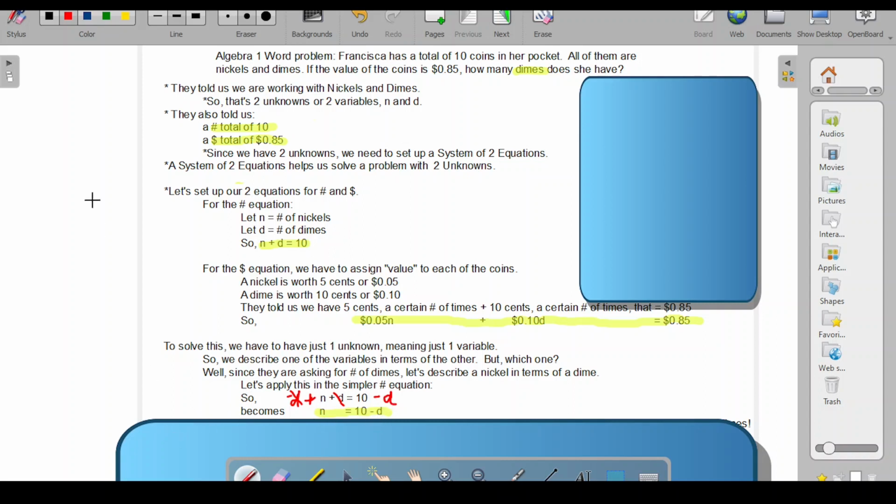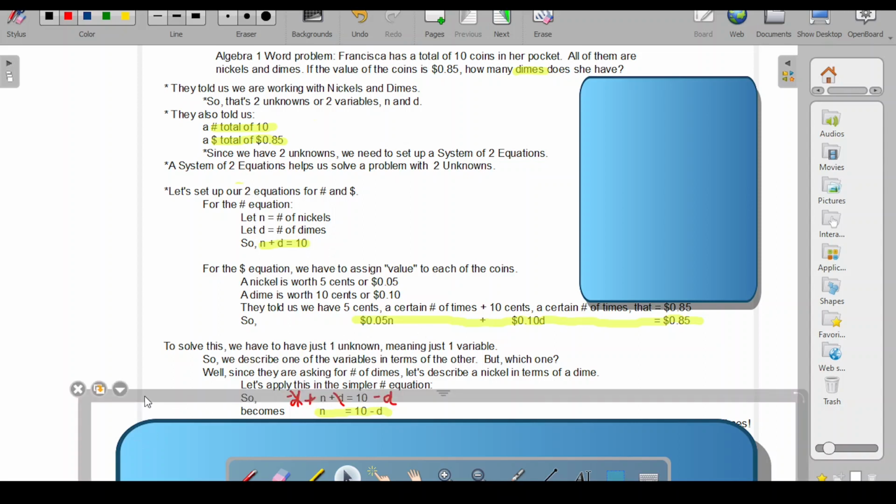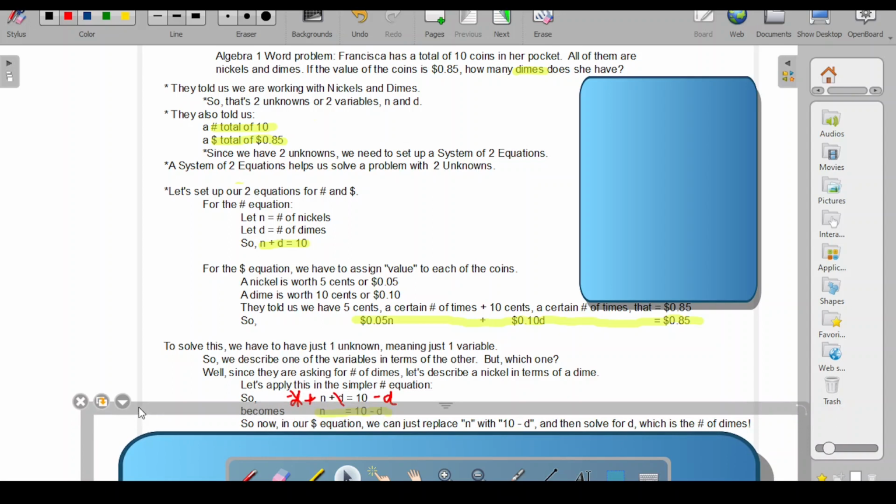So now, wherever we see n in this big equation, we put in 10 minus d. So here's n. We put in 10 minus d here. Then the whole equation will just be in terms of one variable, d. So let's see how we do that. I'm just stating it again.